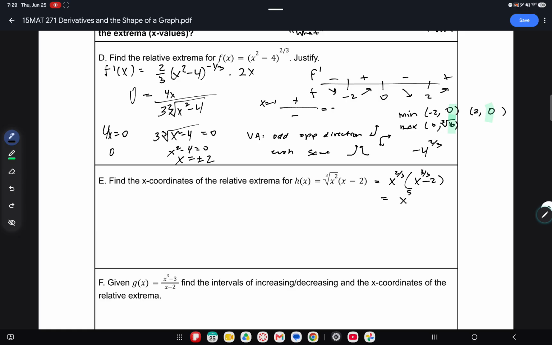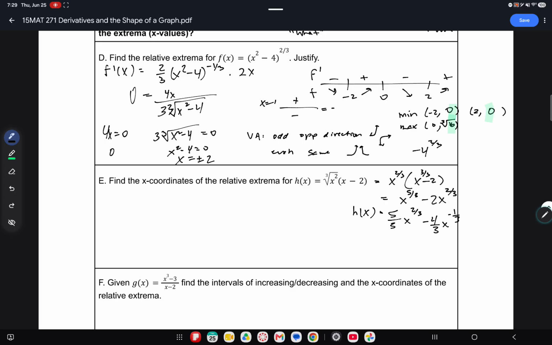I add the exponents, and then I don't have anything to combine there. Then I could do a derivative. Oh, this is h of x this time. So 5/3 x to the 2/3, and then minus 4/3 x to the -1/3.